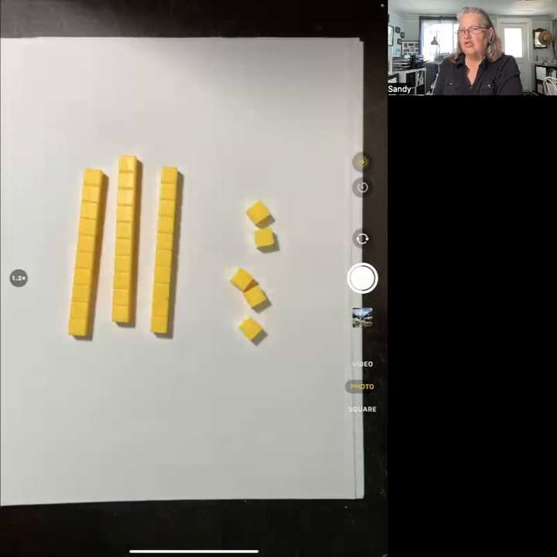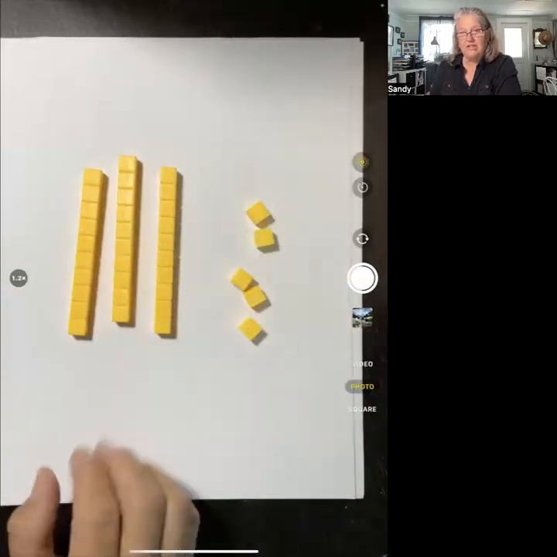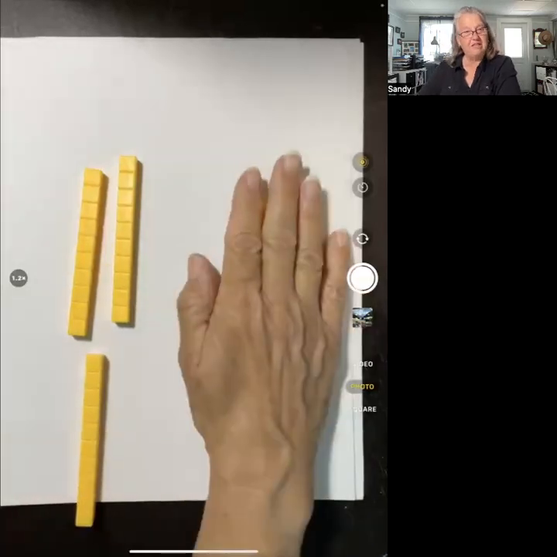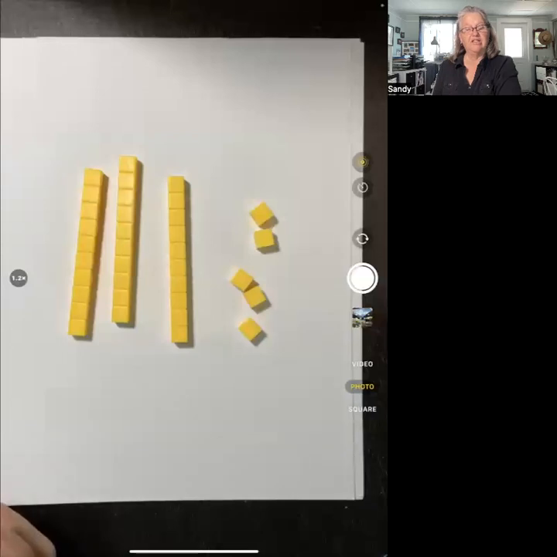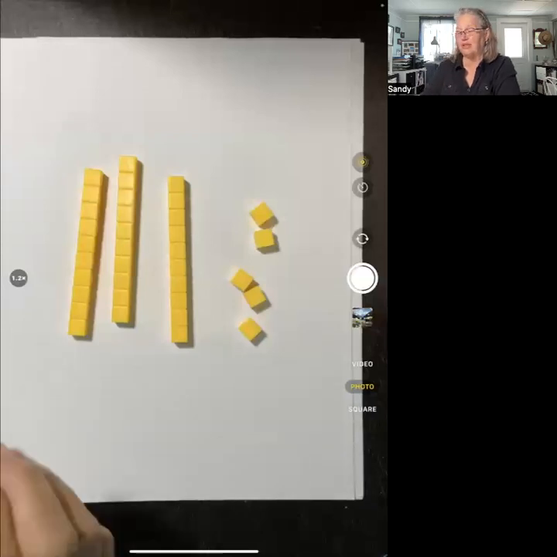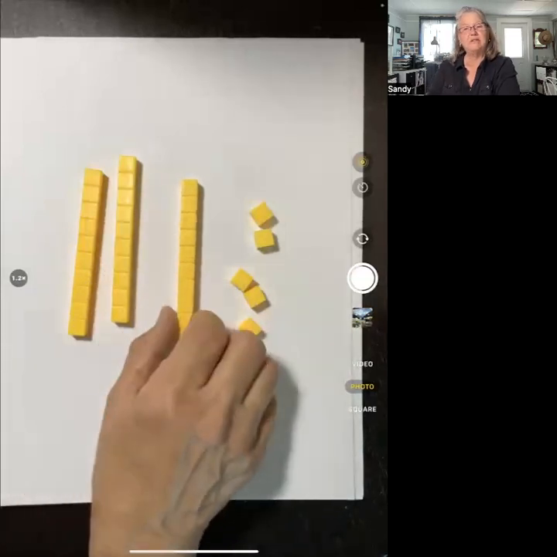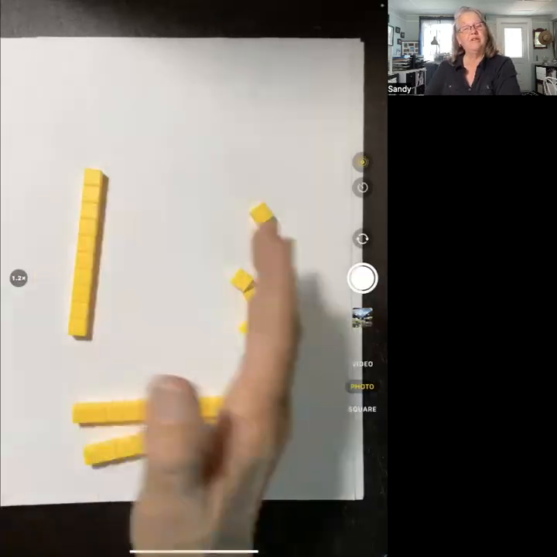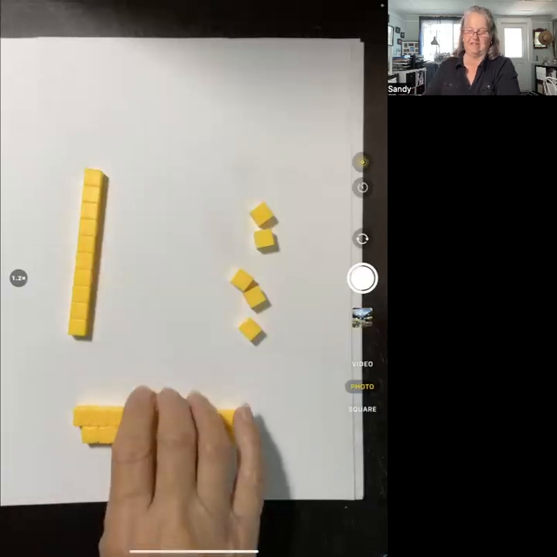But that's not the only way we can make the quantity 35 using tens and ones, right? You could make it with 2 tens and 15 ones. Think about money and coins. I could make 35 cents with 3 dimes and 5 pennies, but I could also make it with 2 dimes and 15 pennies. I could make it with 1 dime and 25 pennies, or 1 dime and a quarter. See, there are equivalent ways to make this.